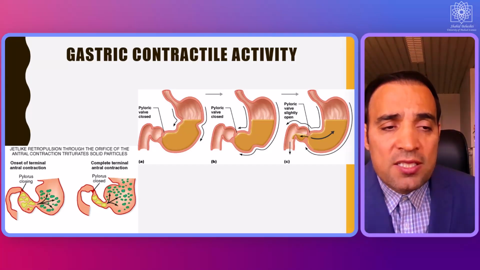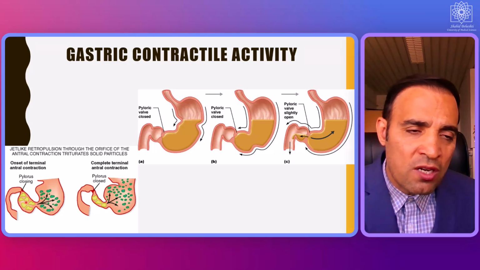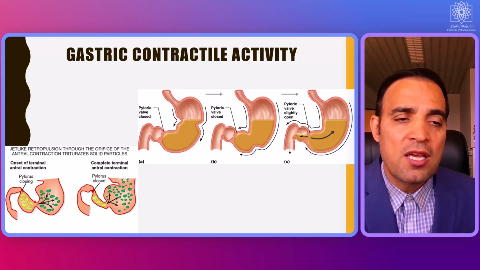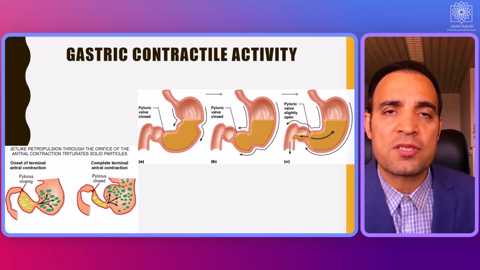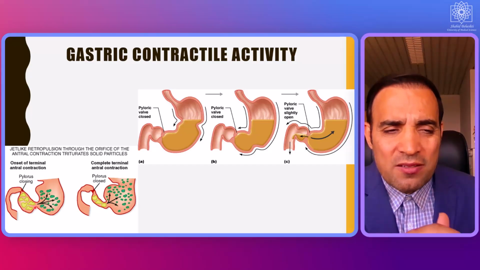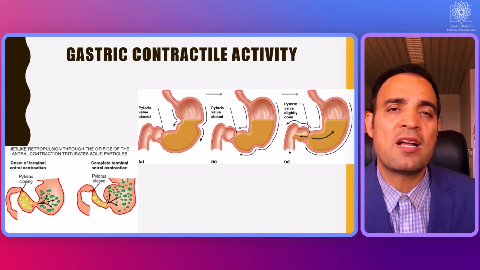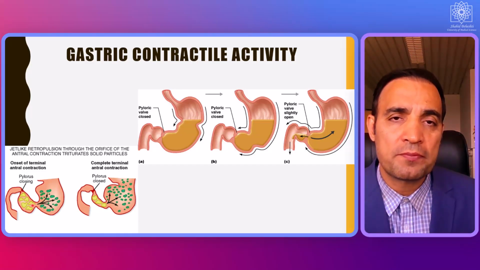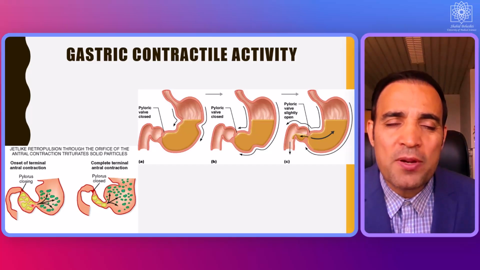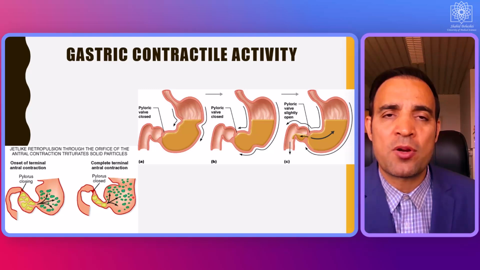And when the pressure is increased in this area and this wave of contraction is moving forward, while the pyloric contraction does not allow the emptying, the high level of pressure will reject the content back into the antrum, and this high pressure movement makes the particles smaller and smaller.